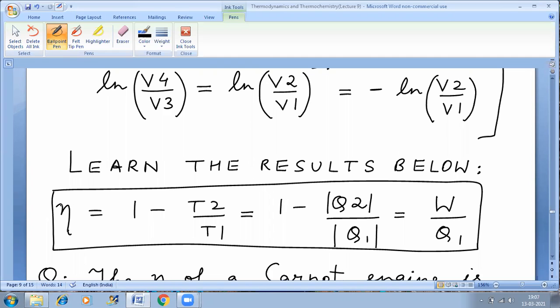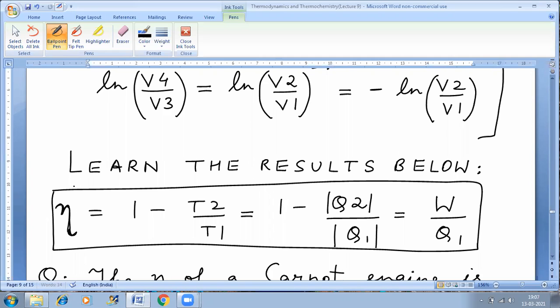So this symbol is called eta, and eta stands for efficiency. If they ask you what is the efficiency of a Carnot engine, it is eta.